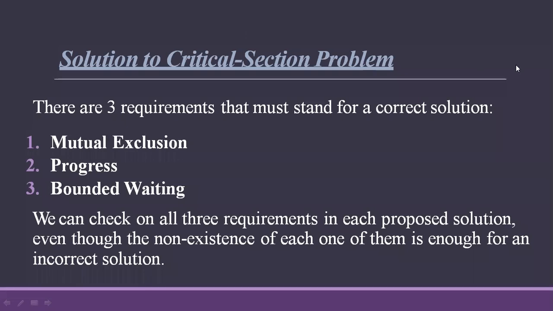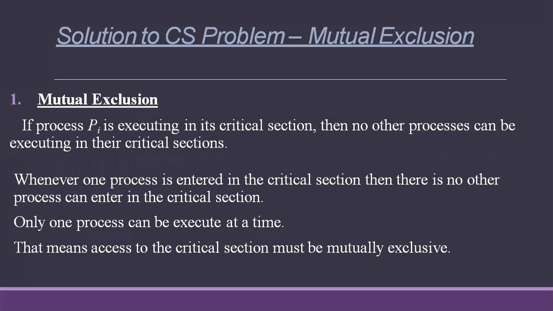Now, in depth, we are going to discuss the solution of the critical section problem, as the three requirements that have to be correctly followed are mutual exclusion, progress, and bounded waiting. In mutual exclusion, if process Pi is executing in its critical section, then no other process can be executing in its critical section. Whenever one process has entered the critical section, no other process can enter it.